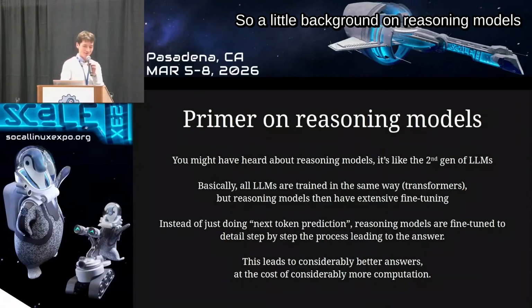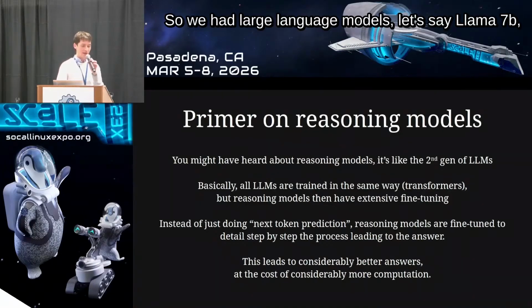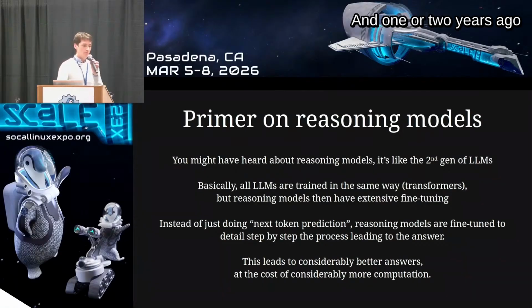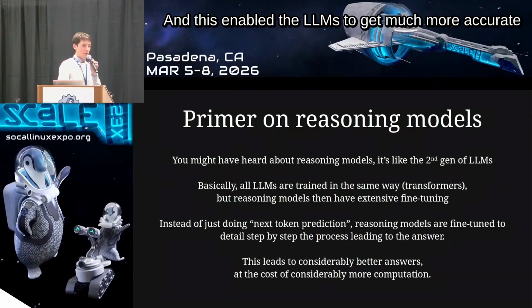So a little background on reasoning models. We had large language models, let's say Llama 7B, and 1 or 2 years ago, one of the big hot things was chain of thought, and this enabled the LLMs to get much more accurate.